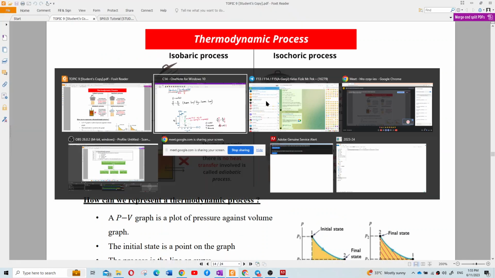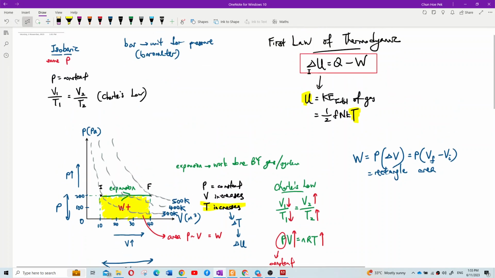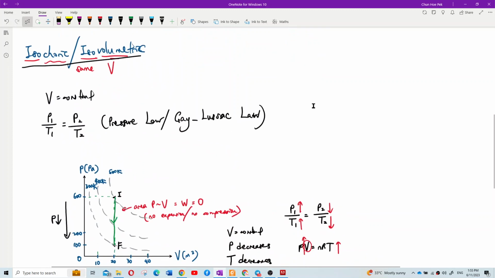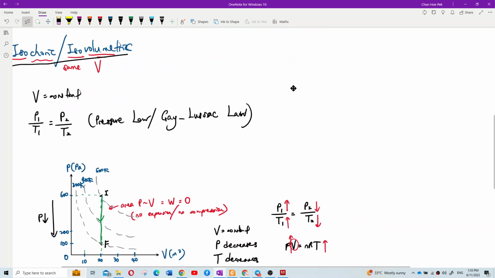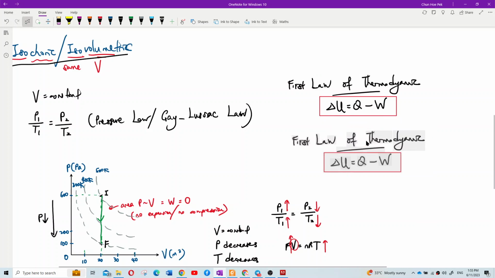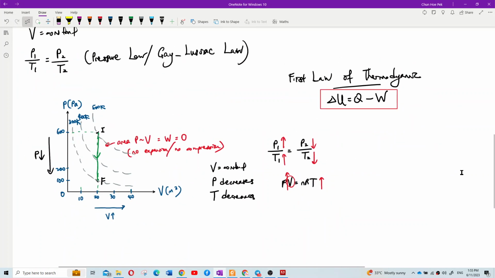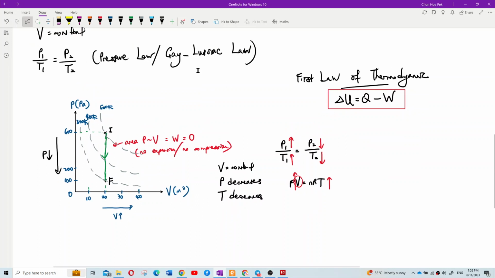Now look at the first law of thermodynamics. Let's talk about the first law for this one. Is there any change of temperature? If you want to talk about change of internal energy, you must have change of temperature.